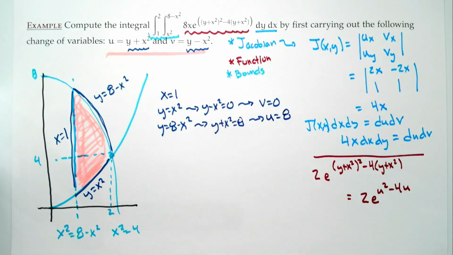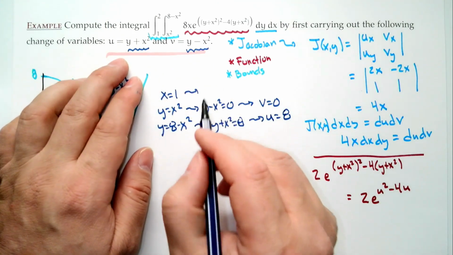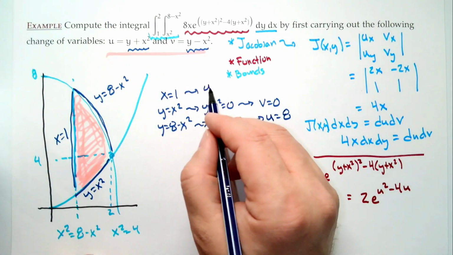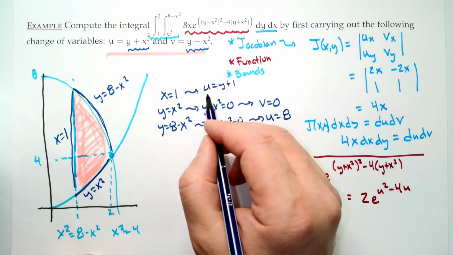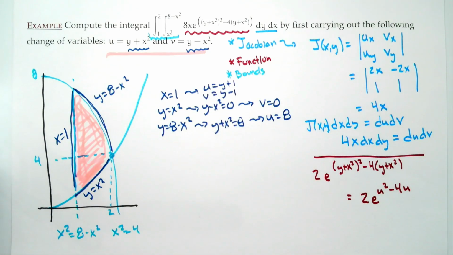And then we get to x equals 1. What's true about x equals 1? Let's put in x equals 1. We can say that u is y plus 1 and v is y minus 1. So we don't get one simple thing, but we have some combination now. It would be nice to get rid of the y's.